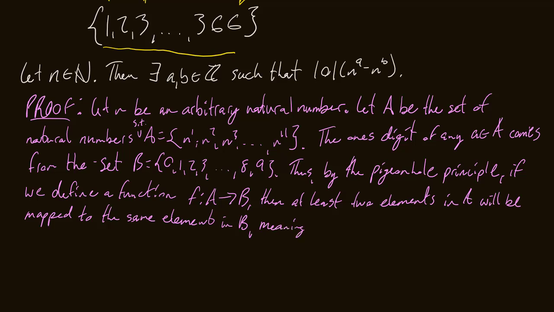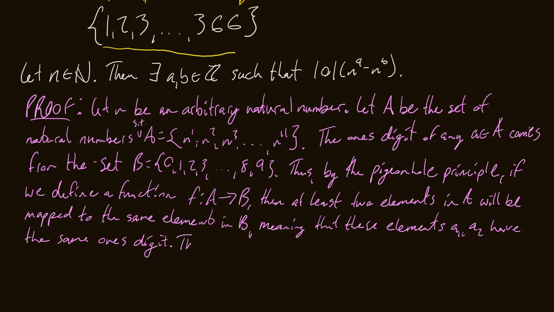Meaning that these elements, call them A1 and A2, have the same ones digit. Thus, their difference has a 0 in the ones digit.